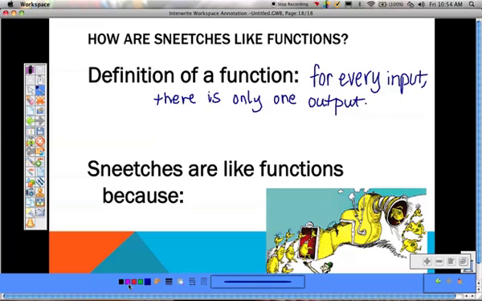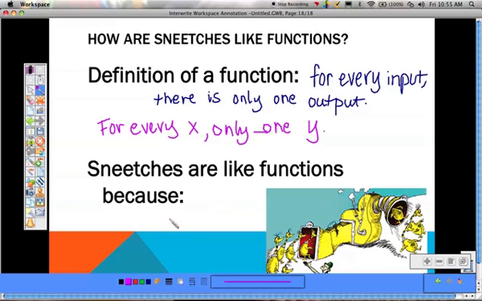Another way that your book defines it is that for every x, or for every independent variable, there's only one dependent variable. So for every x, only one y. And if you watch the video, Sneetches are like functions because for every Sneetch that goes in, there's only one that comes out.